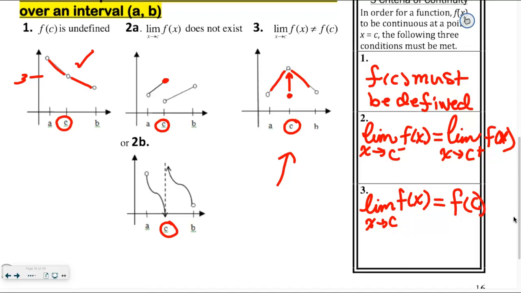So loosely, there's got to be a closed dot, and your limit has to be at that closed dot. So that would make a function continuous. This guy right here actually fails the first 2 and the third, so it fails all 3 of them, right? So that's kind of a unique case. When you have an asymptote, it's a hot mess is really what happens.